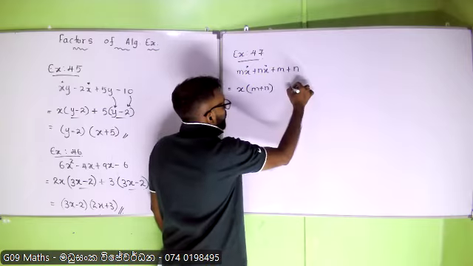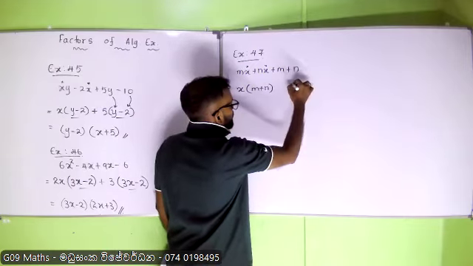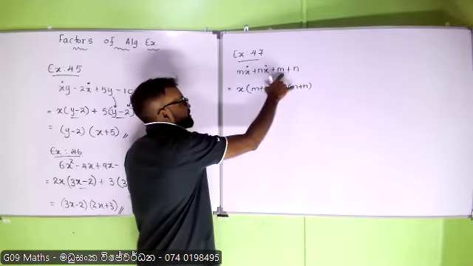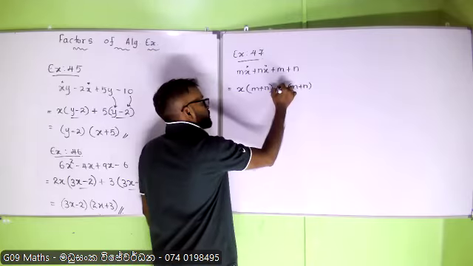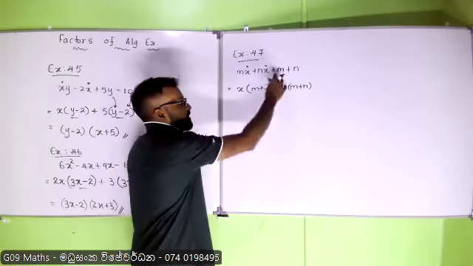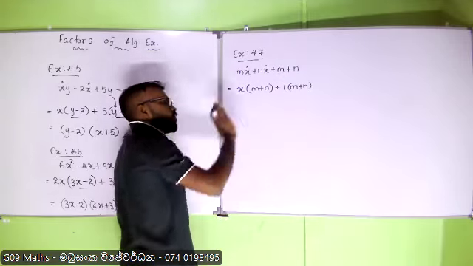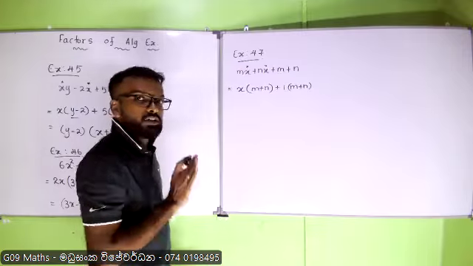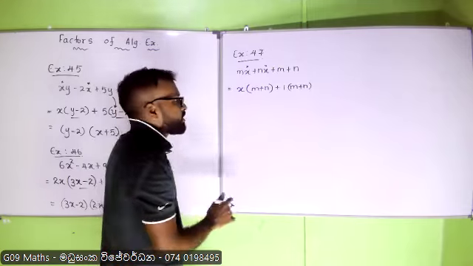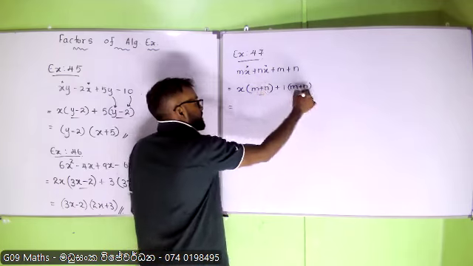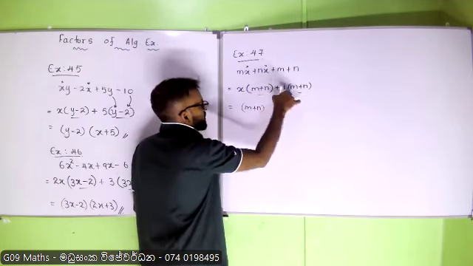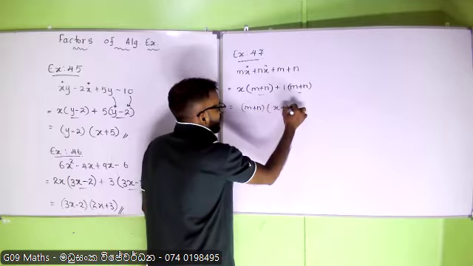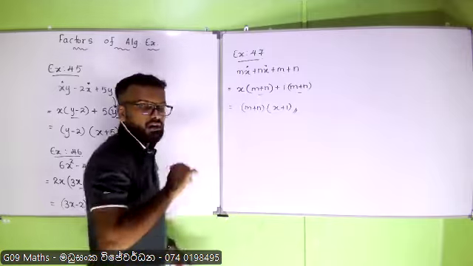You need to make sure you have m plus n here as well, plus n, same thing. Take 1 out, sign positive. No sign changes happen, all are positive, so no need to worry about this. m plus n, take out. What is it? x plus 1. Done.